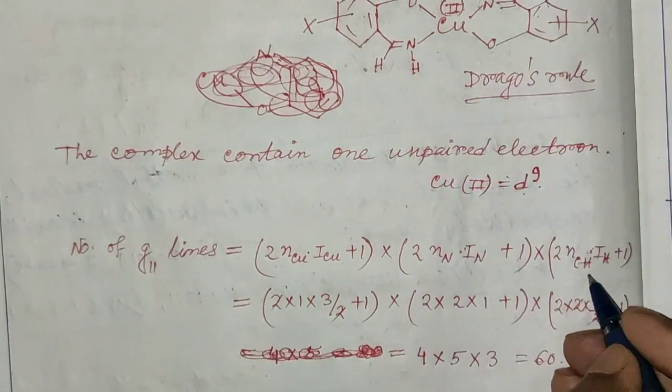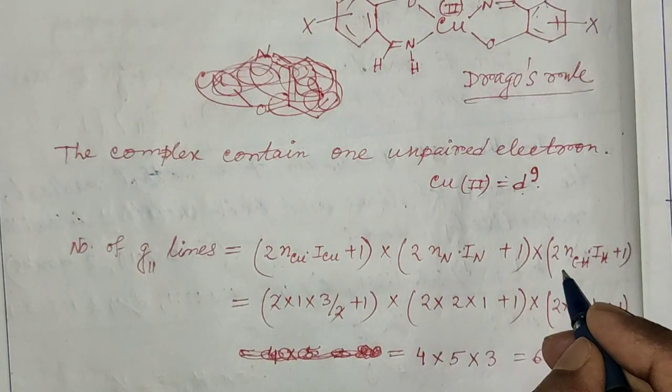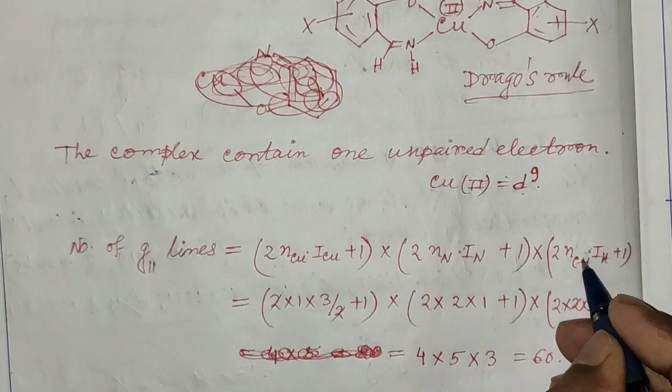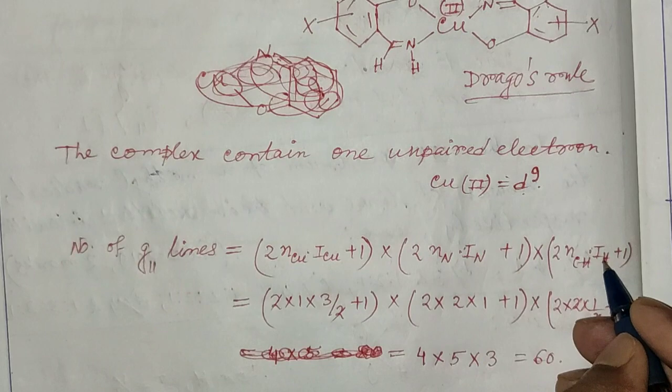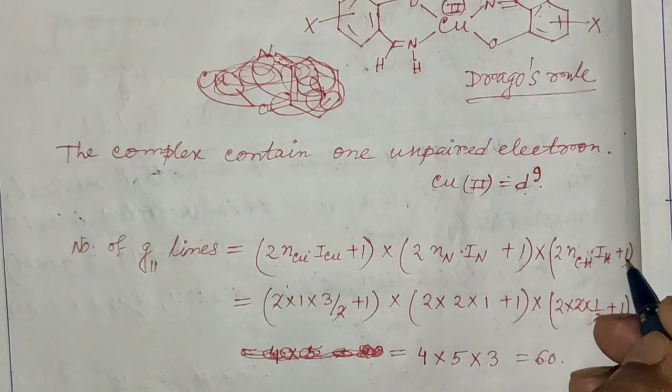And for these two hydrogens, the lines will be split by 2 n_CH times I_H plus 1, that is, the hydrogen atoms attached to the carbon center.